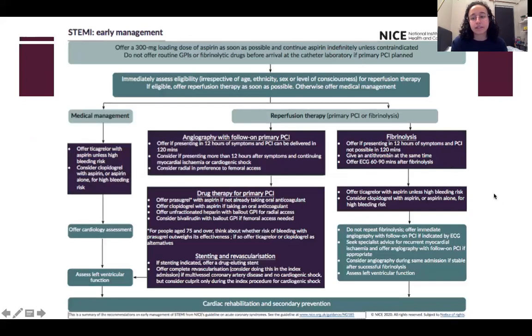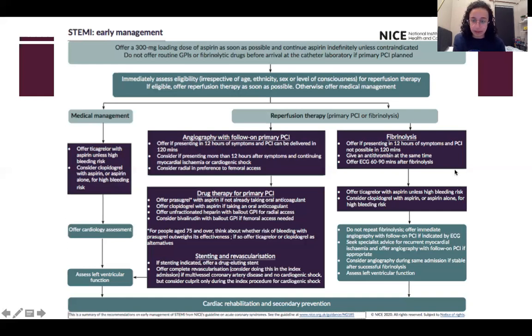Okay, so I think NICE is a really good resource here. If they've had a STEMI and you've confirmed it, you want to give 300 milligrams of aspirin and then reperfusion therapy. So if they're presenting within 12 hours of symptoms and PCI can be given within the first 120 minutes, that's the pathway you go down.